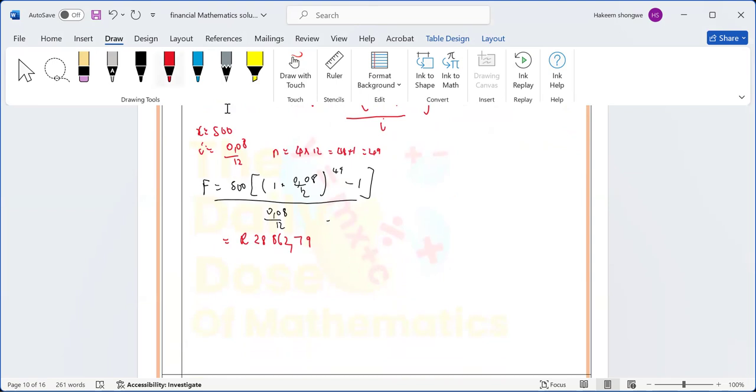When we get to our timeline here, which is 49, we don't take the money. We extend this for a further 2 years. Then this is going to be our number 2.